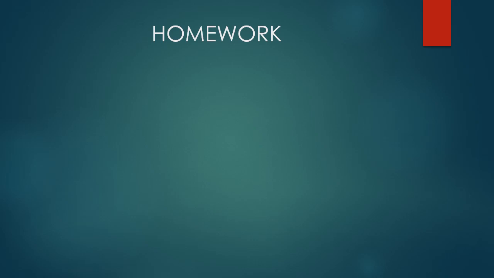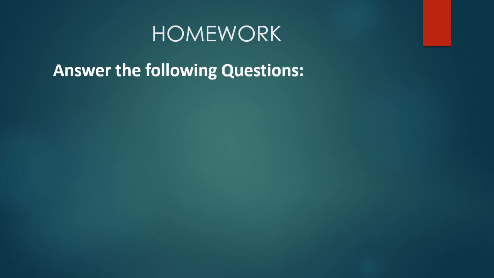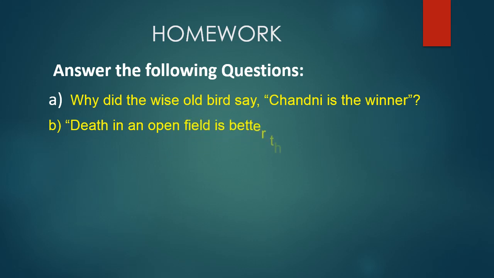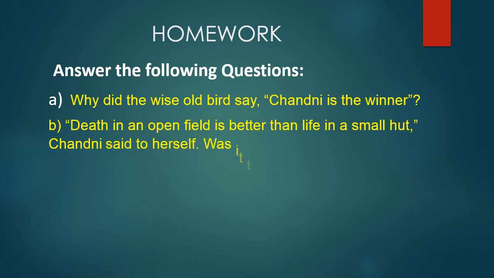Then followed by the homework. It's mandatory to do the homework. Answer the following questions. You have to do them in the fair notebook, right? First, why did the wise old bird say Chandni is the winner? Why did she conclude so? Next, death in an open field is better than life in a small hut, Chandni said to herself.